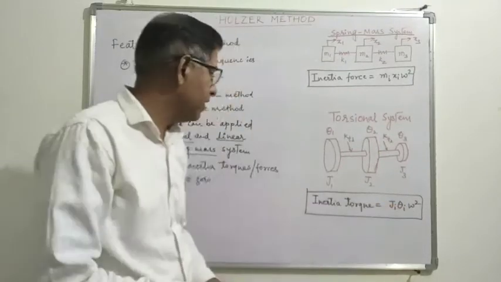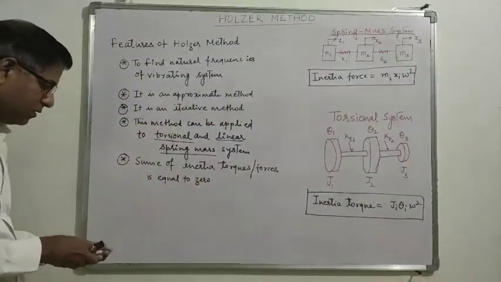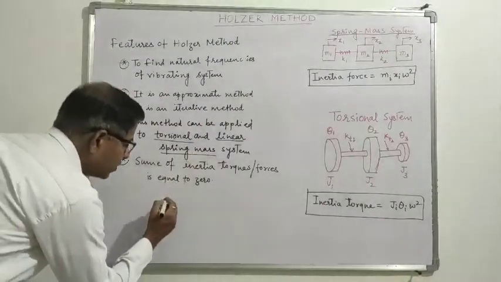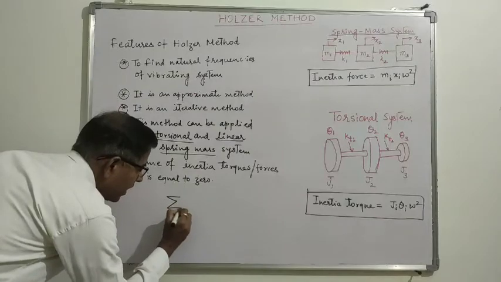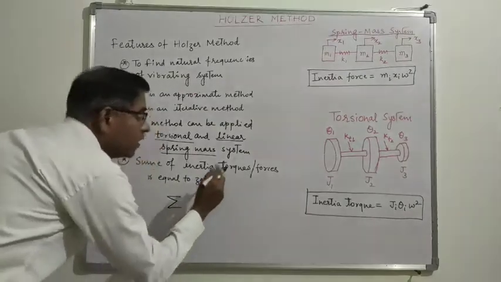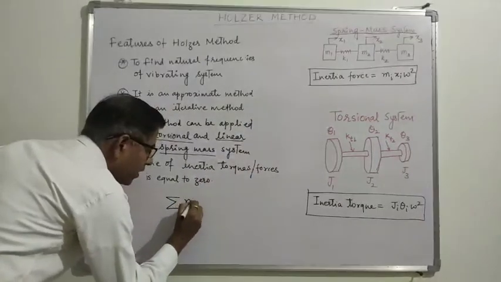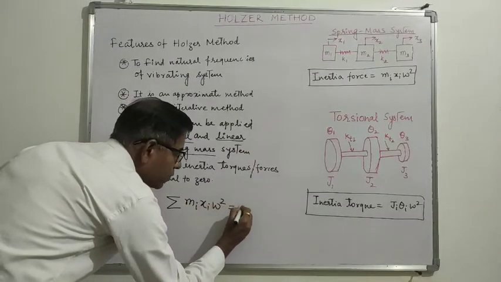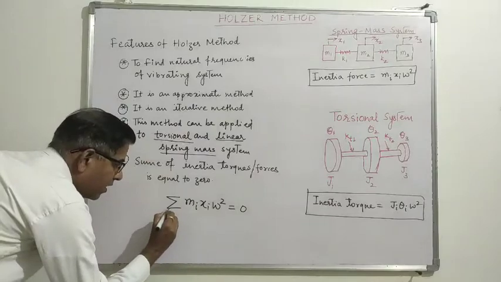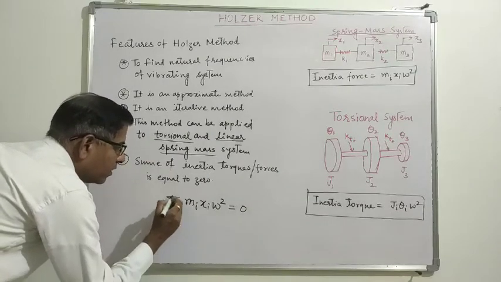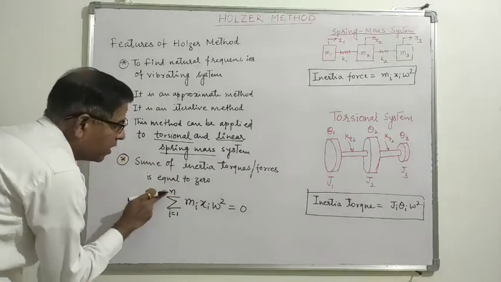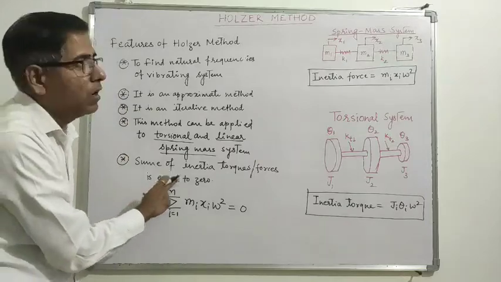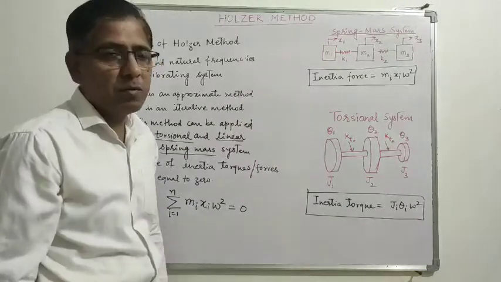This Holzer method works on the principle that the summation of mi xi omega square is equal to 0, where i is equal to 1 to n. Here n is the number of degrees of freedom in the spring mass system.